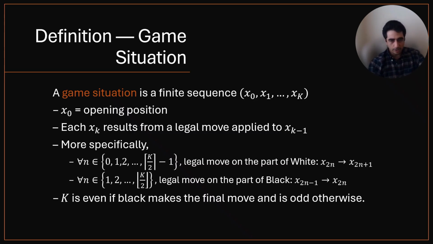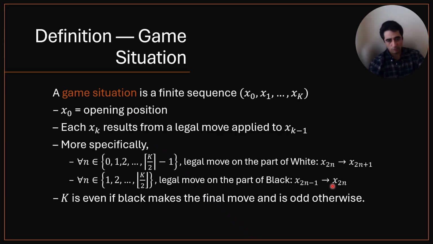So going from x sub 2n to x sub 2n plus 1 should happen by a legal move on the part of white. And the opposite, from an odd index to an even index, the transition from x sub 2n minus 1 to x sub 2n should happen because of a legal move on the part of black.